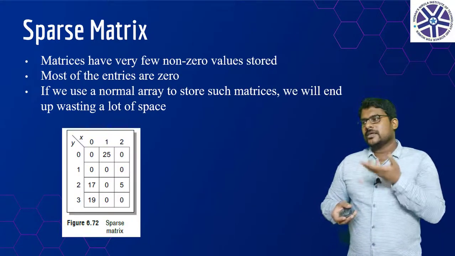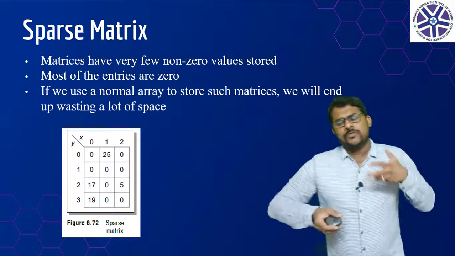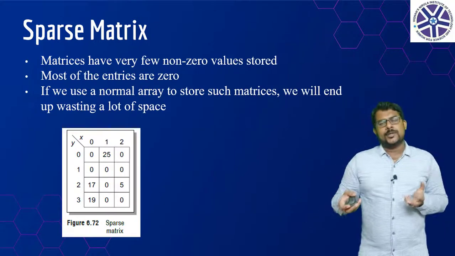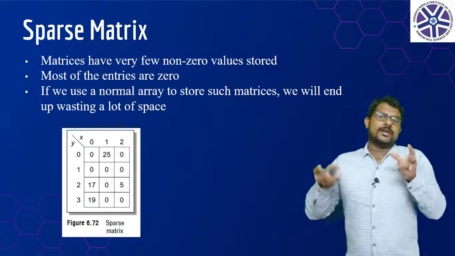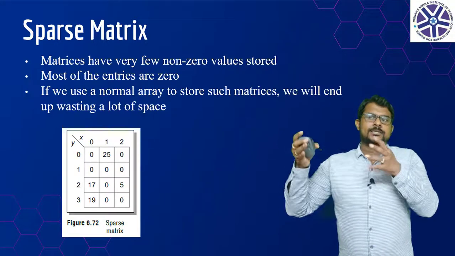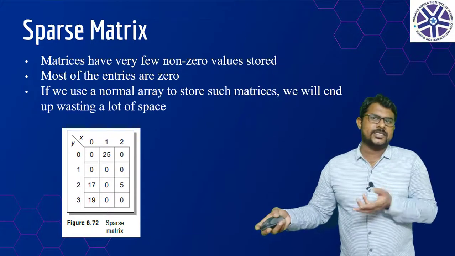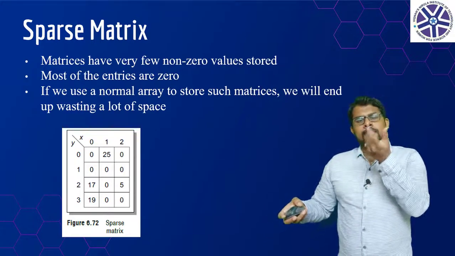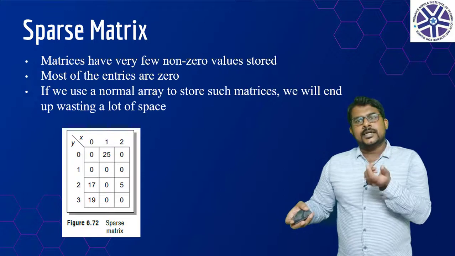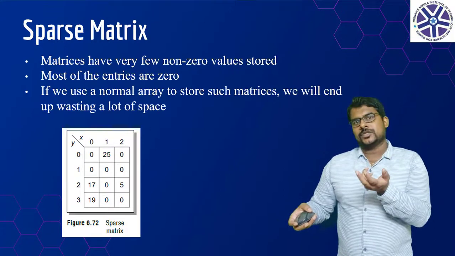Why do we have to deal with this problem in a different way? Because when we represent a sparse matrix using arrays or other structures, a lot of memory gets wasted. Imagine your matrix contains 100 elements of which only 2 are non-zero.